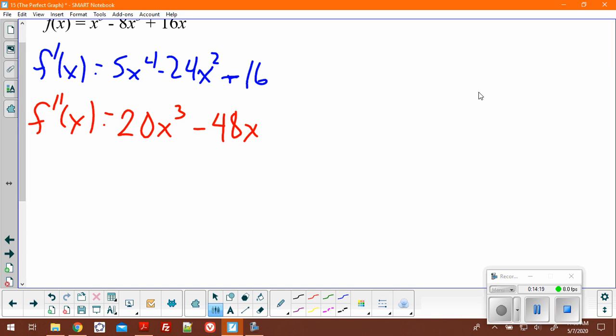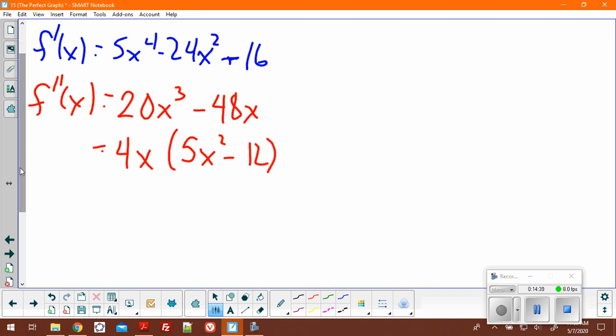I would need to factor this again. So what can I remove? I can remove a 4x, and I get left with 5x squared minus 12. So that means that my roots are 0 from the solitary x.